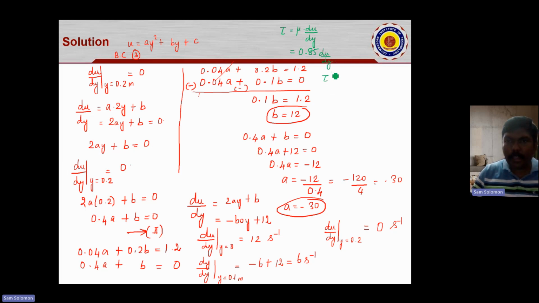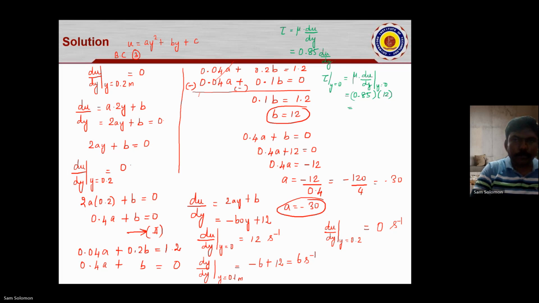So if you want to find tau at y equal to 0, that is mu times du by dy at y equal to 0. Mu value is 0.85. The value of du by dy at 0 is 12. So 12 into 0.85 is 10.2 Newton per meter squared.